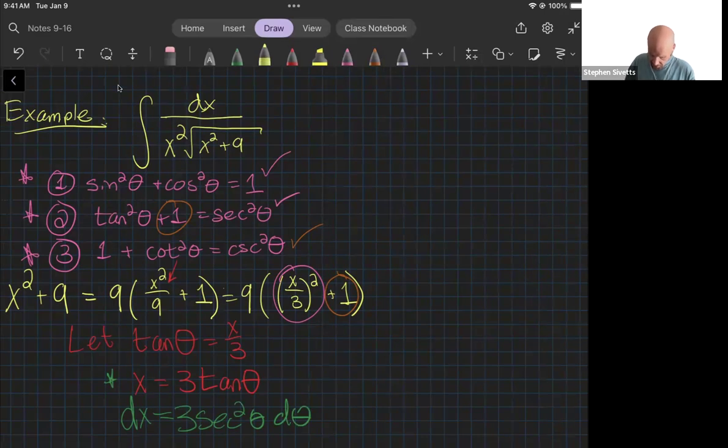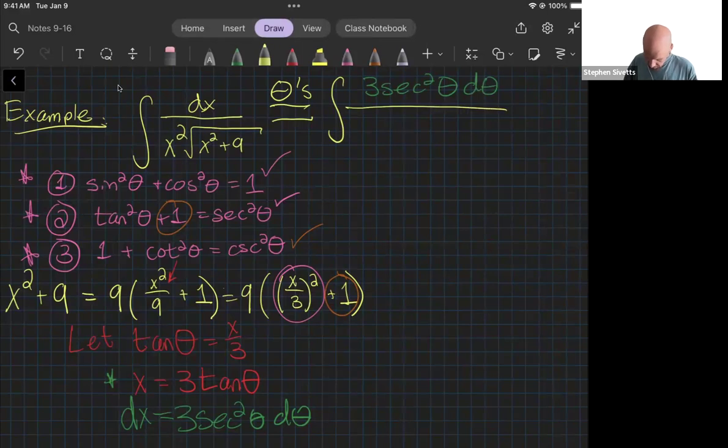Now here comes the transformation. This integral in terms of x would equal, in terms of theta, the following. dx is 3 times secant squared of theta d theta, so this is 3 times secant squared of theta d theta divided by, well, x is equal to 3 times tangent of theta, so we'll have 3 times tangent theta squared, times the square root of, well, this would be 3 times secant of theta squared plus 9.